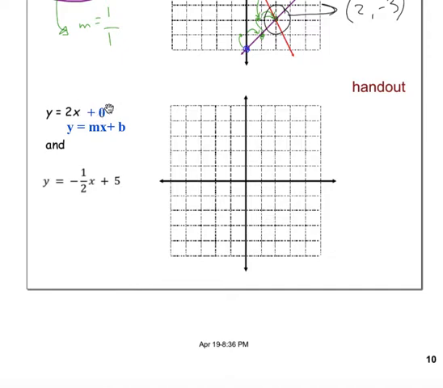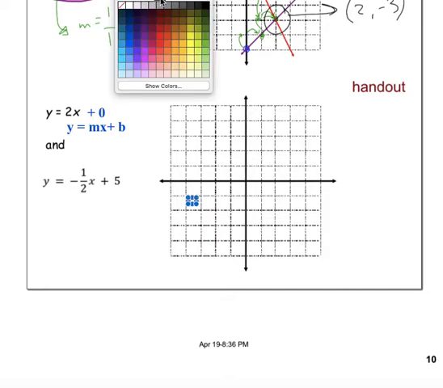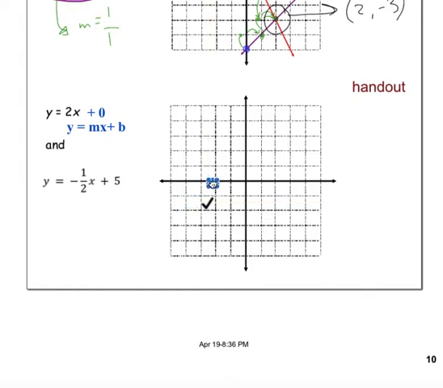So when x is 0, y is also 0, and we put a point there. Then we take our slope, which is 2 over 1.